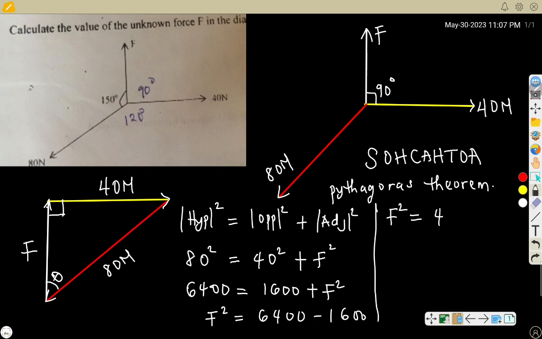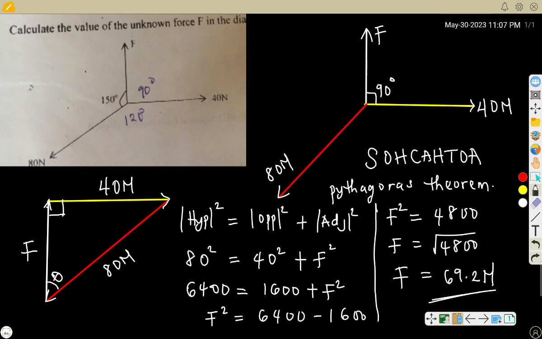So that is 4,800. So F is equal to the square root of 4,800. So F is equal to 69.2 approximately. So F is 69.2 Newton. So that is the value of force F.